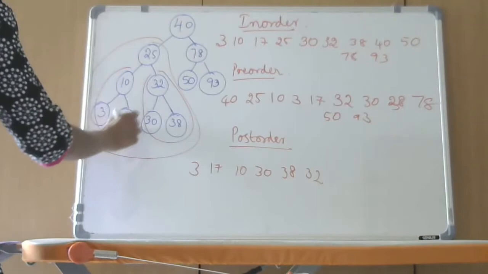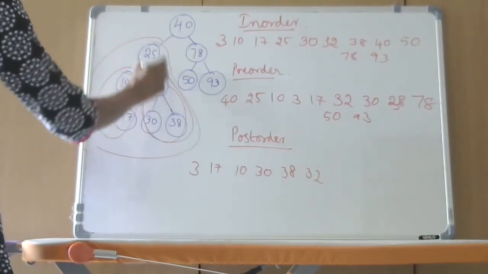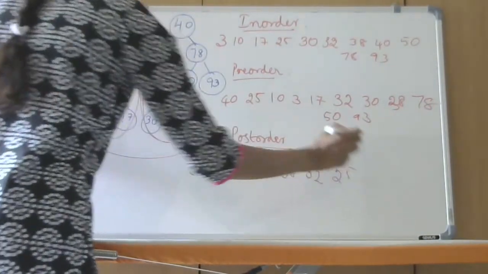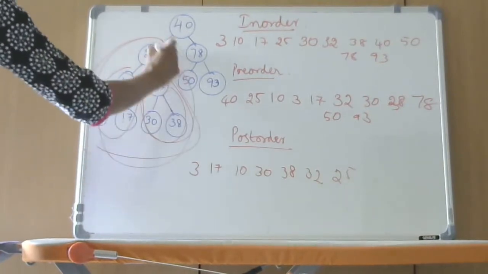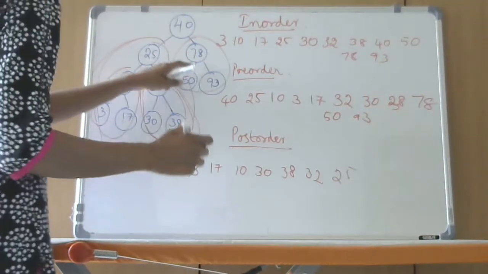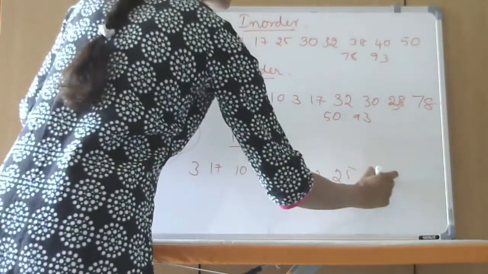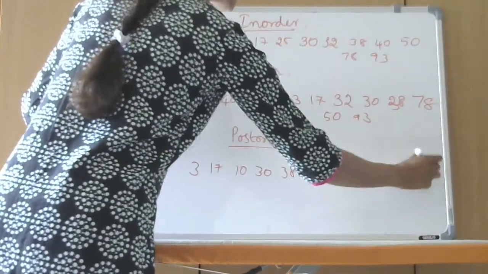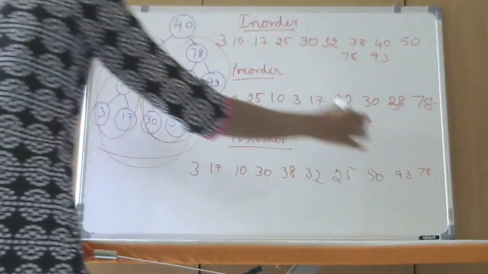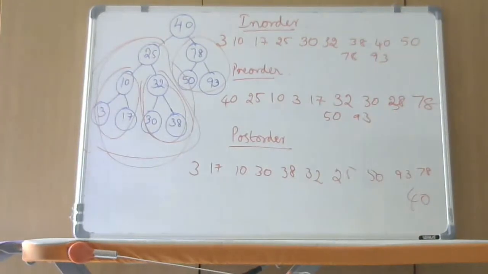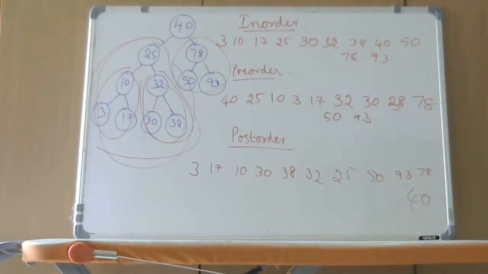So this left is over, this right is over. Left, right, root. Root is 25. Now I will come to the right. Again here left, right, root: 50, 93, 78. Left is over, right is over, root. Root is 40. So 3, 17, 10, 30, 38, 32, 25, 50, 93, 78, 40.